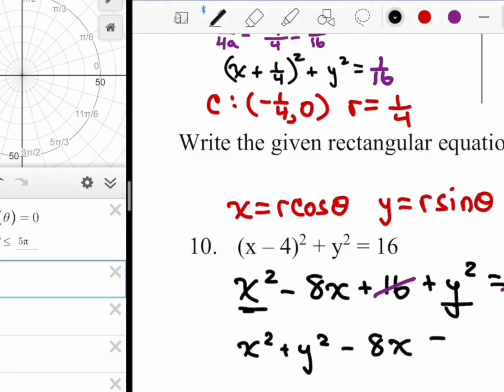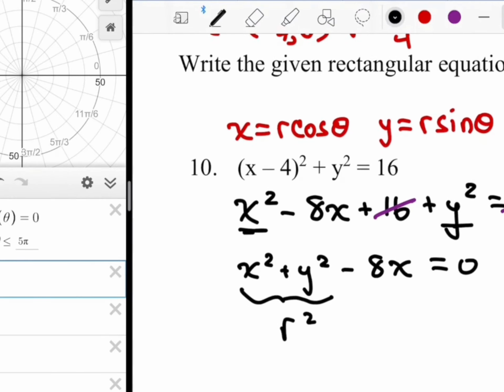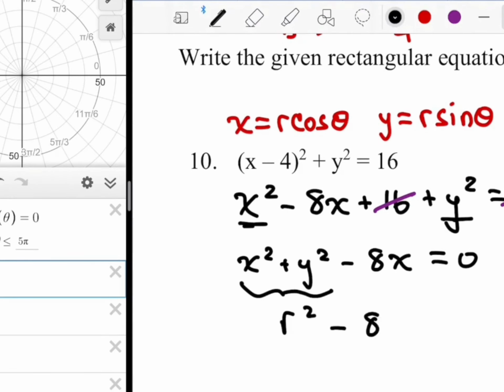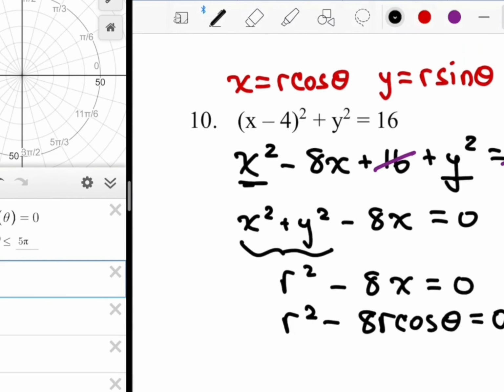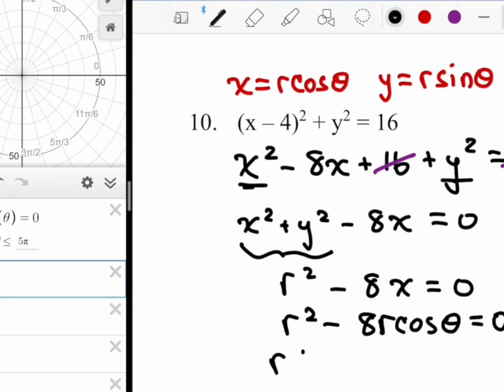Now if I reorganize, I get x squared plus y squared minus 8x equals 0. x squared plus y squared is equal to r squared, minus 8x equals 0. If our goal is to get it into polar form, I would just need to swap out the x for an r cosine theta.